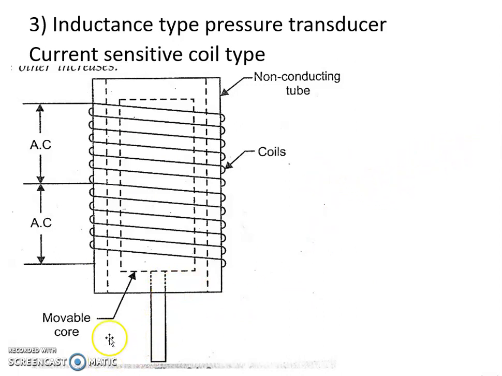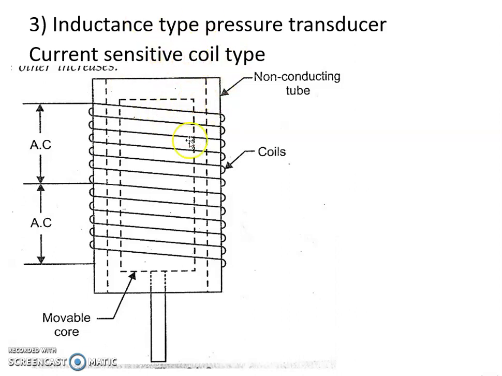When the input pressure is applied and the pressure varies, the element causes the core to move within the coil. An alternating current is passed through the coil simultaneously, and as the core moves, the inductance of the coil changes. The current passing through the coil increases as the inductance decreases.